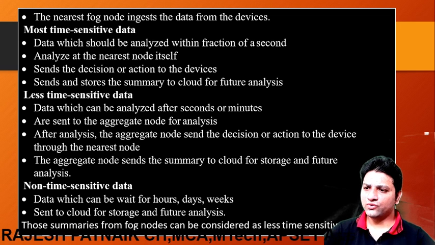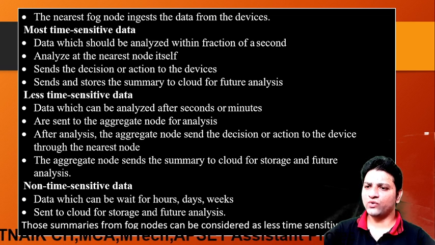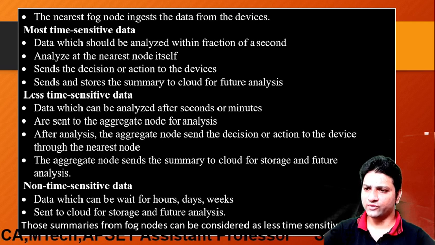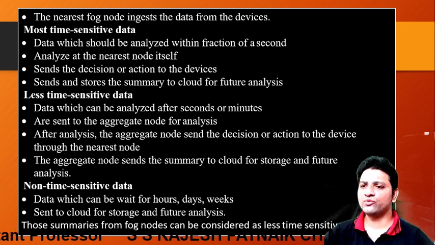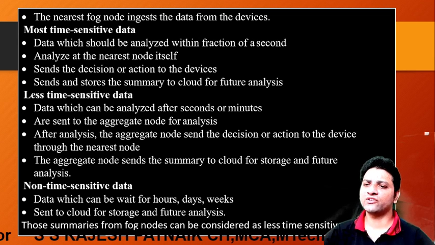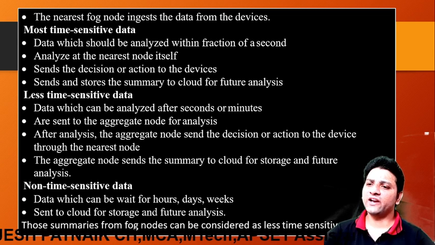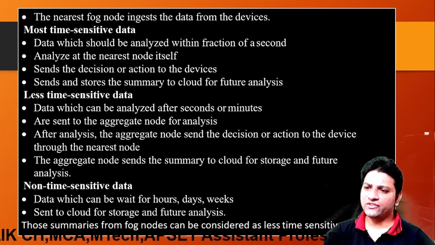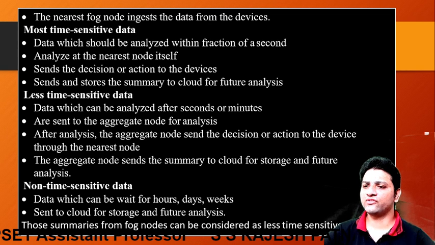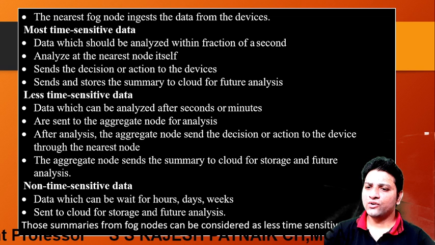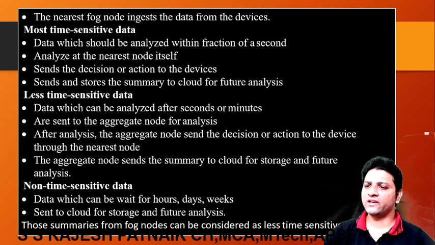Please go through this. The nearest fog node ingests the data from the devices. Most time sensitive data, which should be analyzed within a fraction of a second, is analyzed at the nearest node itself, sends the decision or action to the devices, and stores the summary in the cloud for future analysis.